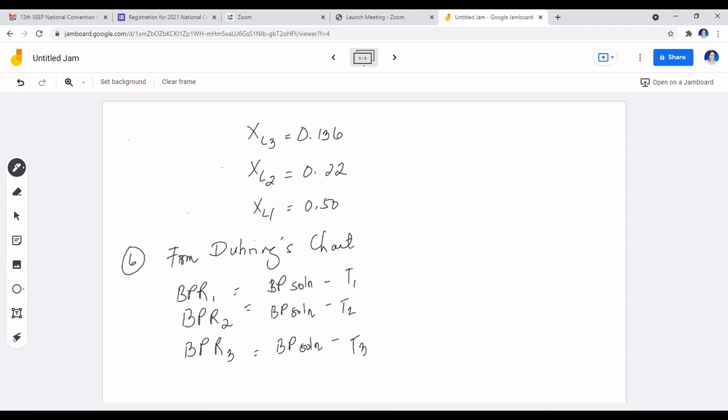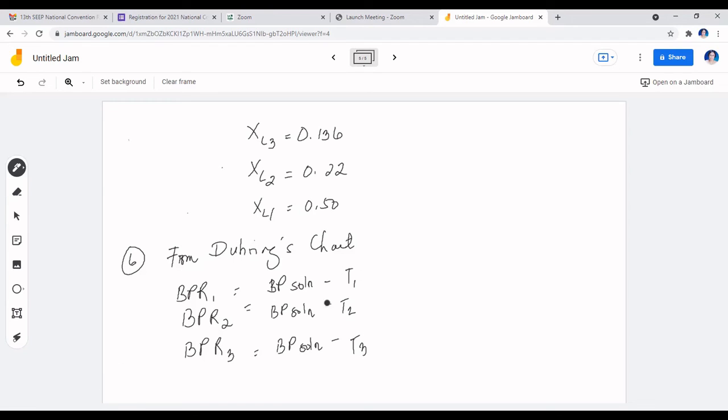As much as possible, the way evaporators are designed is that we will lessen, if not totally eliminate, the BPR because it will reduce our summation of delta T, which is our driving force for heat transfer. If the delta T effective is small, the rate of heat transfer is also small. So we would like as much as possible to lessen the boiling point rise of our solution, which cannot be avoided, especially if the solid content of our solutions is greater than 10%.